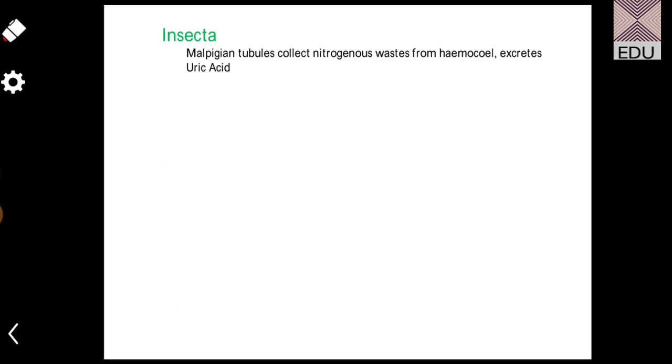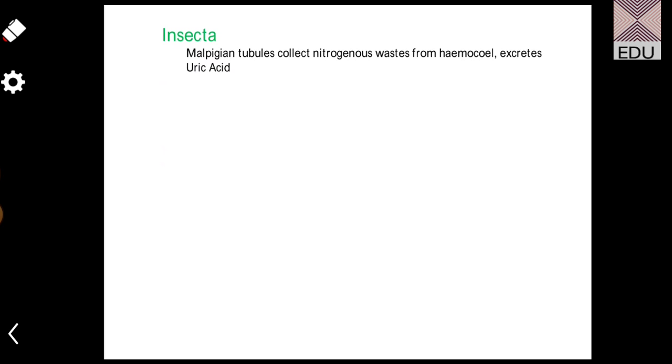Now students, if we go with the insecta, or the arthropods, here we have many examples. Here we have the Malpighian tubules, which are working 24 hours for the insects. These Malpighian tubules are present on the hindgut of these insects.